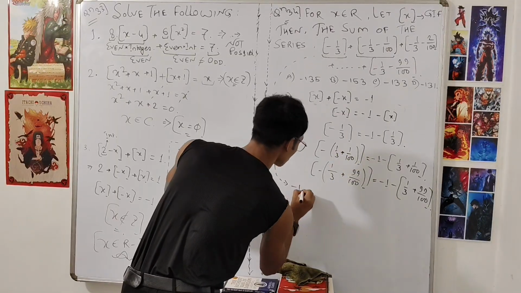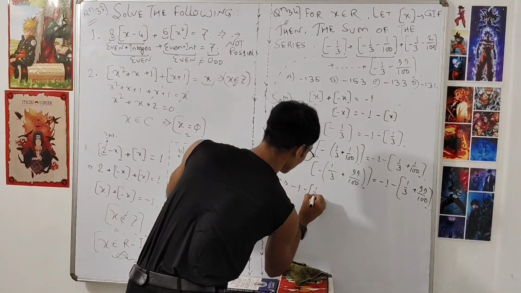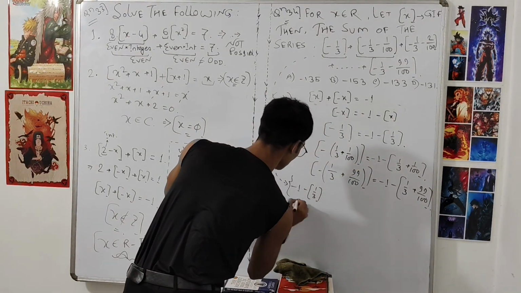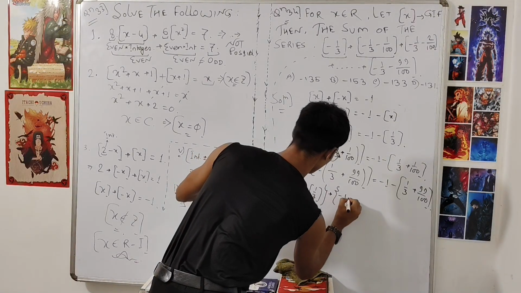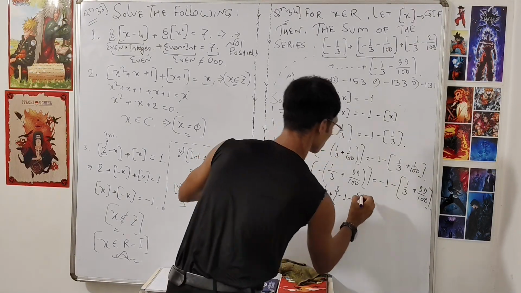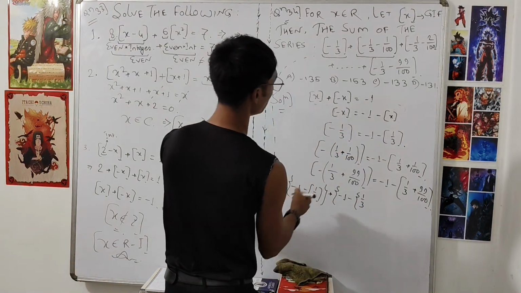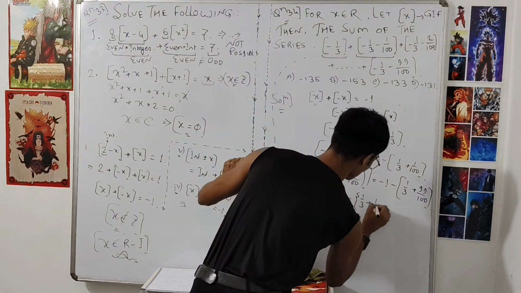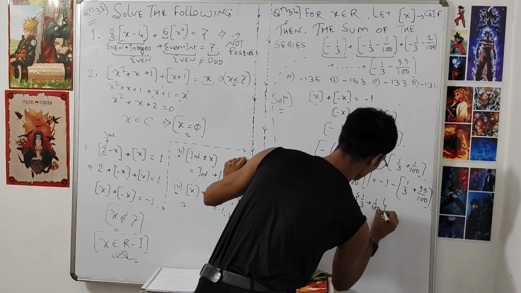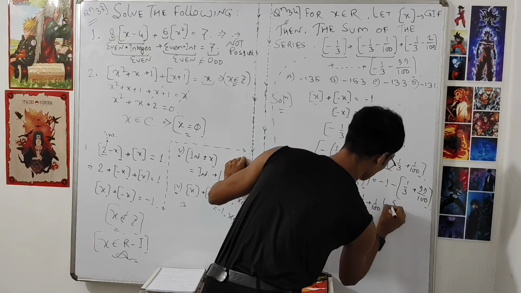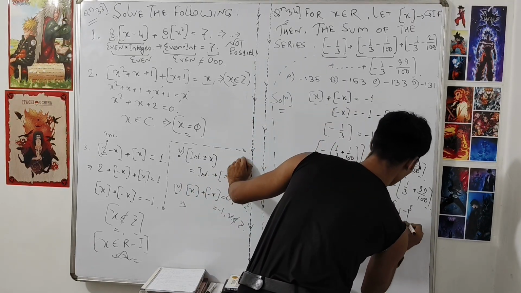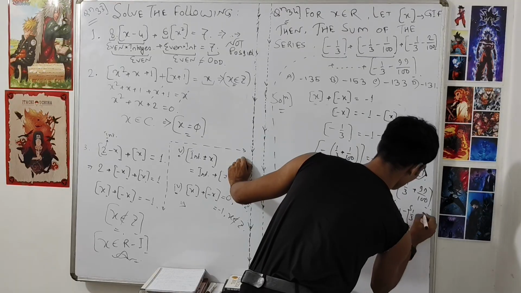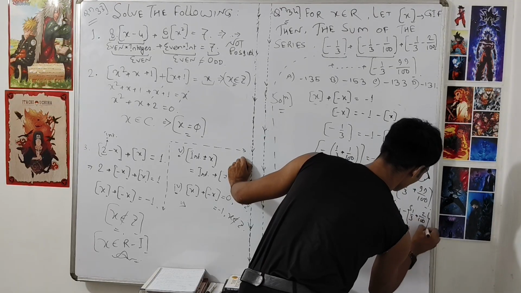So in total, what will the first case be? -1 minus box of 1/3, right? The second one is also -1 minus box of 1/3 plus 1/100, right? In the case of the third also, -1 minus box of 1/3 plus 2/100.